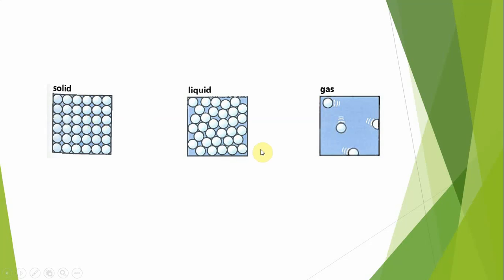Just the spaces between the particles are going to get bigger. As the gas particles are moving freely, the spaces can get much bigger than in the liquid. The spaces will get bigger than in the solid, but still the particles will remain bound to each other, so it's going to expand but up to a limit.